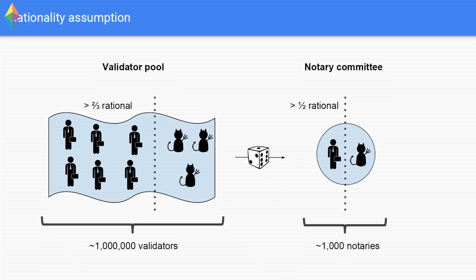One of the things that a notary can do, for example, is copycat voting. If a notary sees lots of other notaries voting on a crosslink, they can say, oh, well, with very high probability the data in this epoch is available, and so I can just add in my crosslink for very low risk, and I will get a reward.